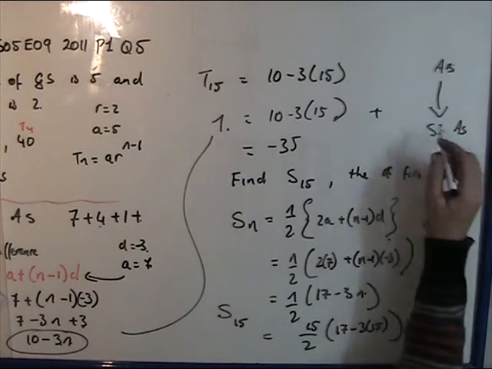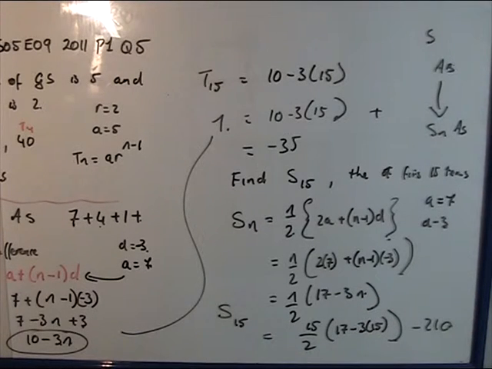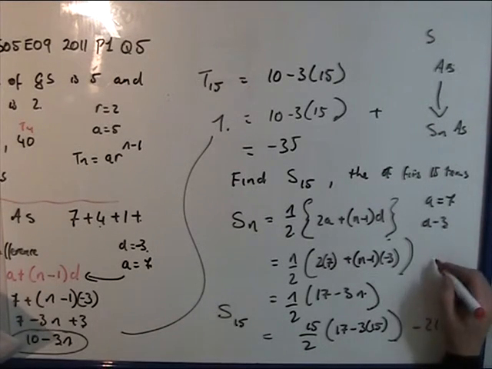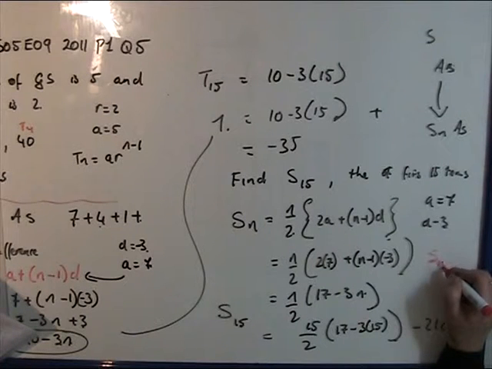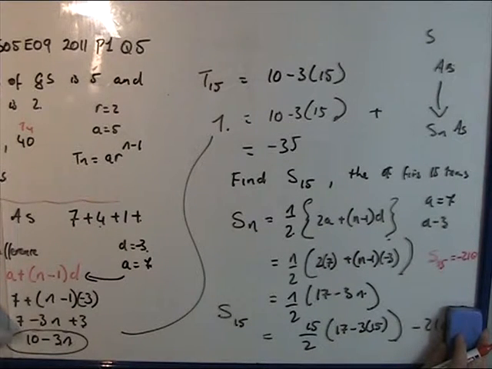So s of 15 is equal to minus 210. Now you can go back and find what number of terms would give you minus 210, and you can find that out easily as well. So that part is done.